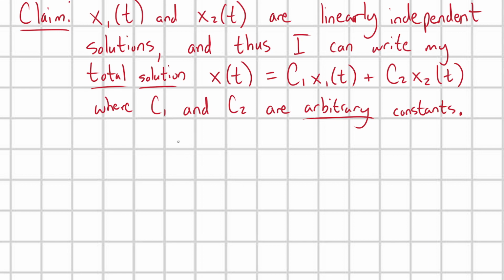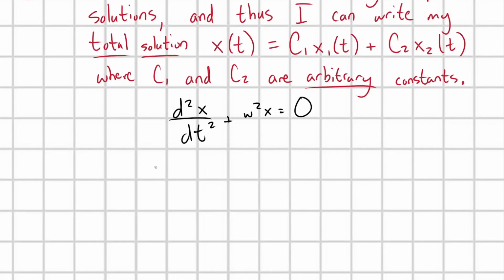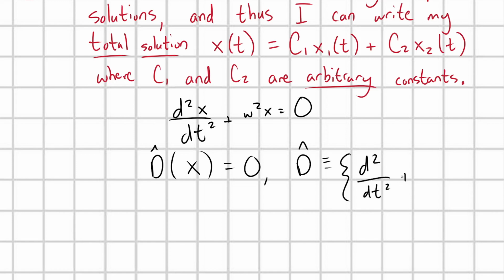Because, remember, if we had our differential equation, d squared x dt squared plus omega squared x equals 0, I could write this as d hat x equal to 0, where d hat was defined as d squared dt squared plus omega squared.